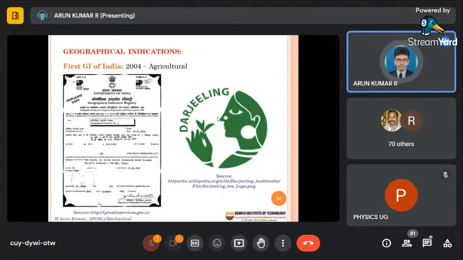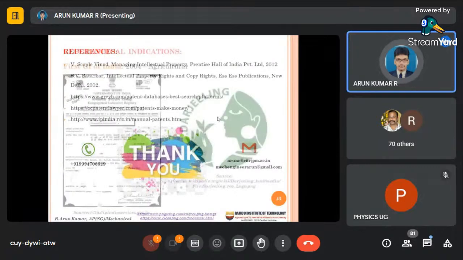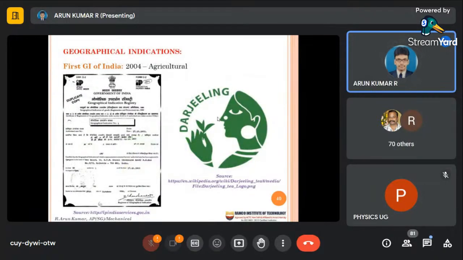As far as Tamil Nadu is concerned, the first ever geographical indication was given for the Salem fabric. If we accumulate the geographical indication numbers as on date in India, almost 470 plus have been granted, if I'm right.